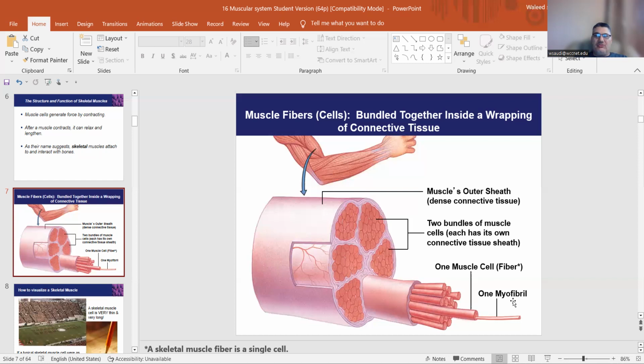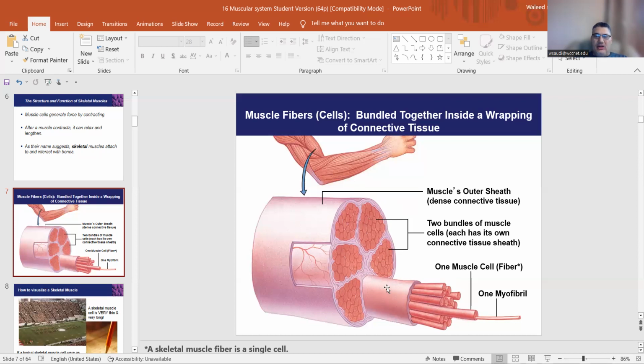You need to know that arrangement one more time. This is the whole entire muscle, your biceps, covered by connective tissue. What are the units inside? These units are called bundles, surrounded by connective tissue as well to separate them from the other bundles.